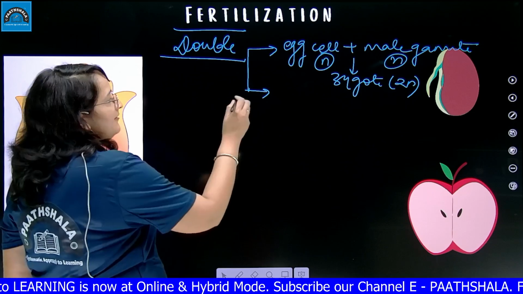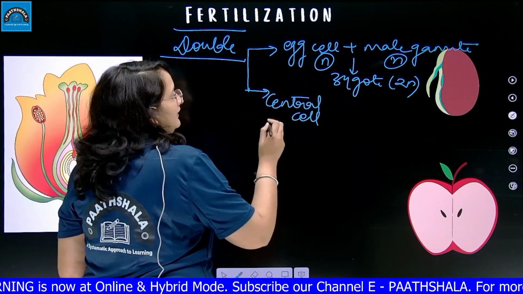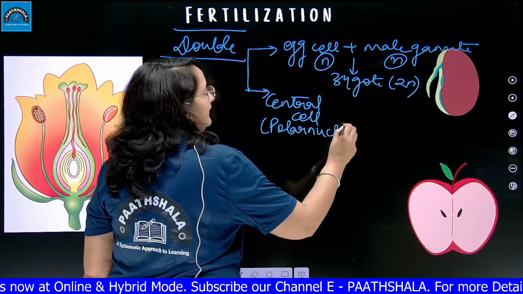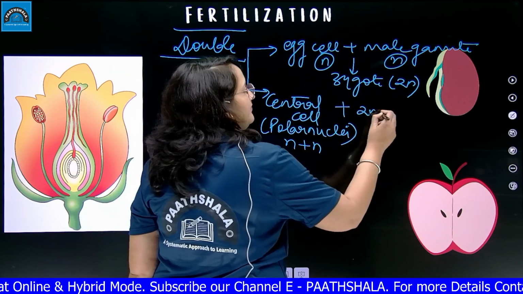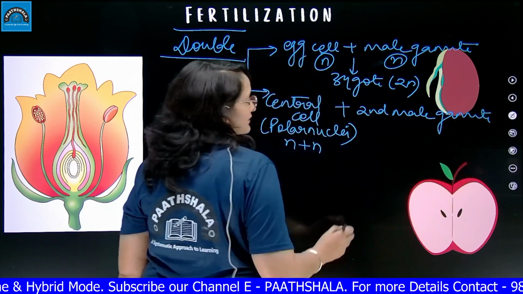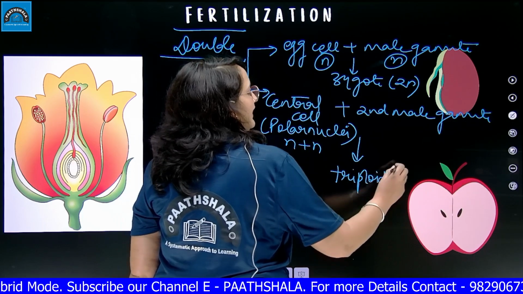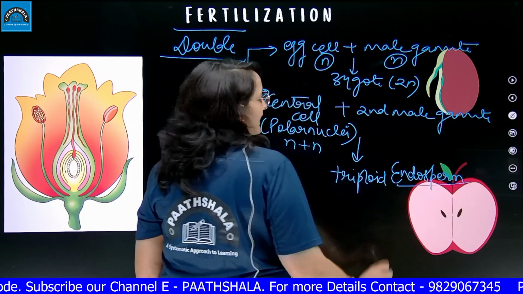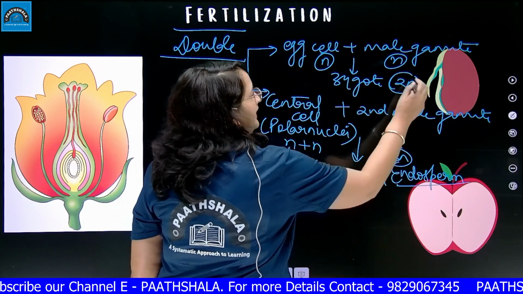In the second step, the central cell, the polar nuclei, which were N plus N, fuse with the second male gamete, and when these fuse, they form triploid 3N endosperm. It is 3N. Zygote was 2N.